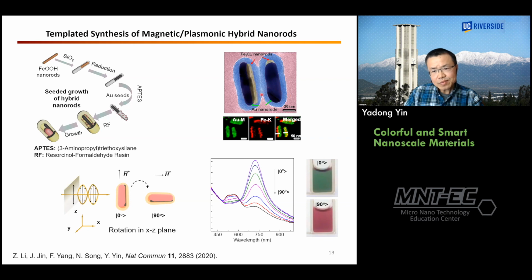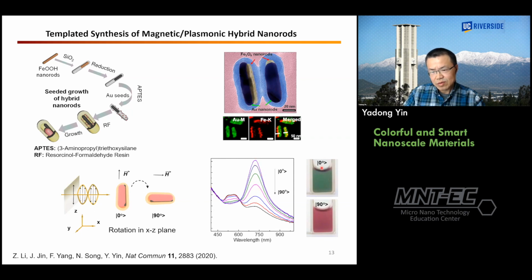After we make these structures in solution, we can use the magnetic field to control their orientation so that they can exhibit a particular excitation mode. As I showed you before, the plasmonic nanorods have two peaks, and here, once we use a magnetic field to control their orientation, we can excite only one mode.